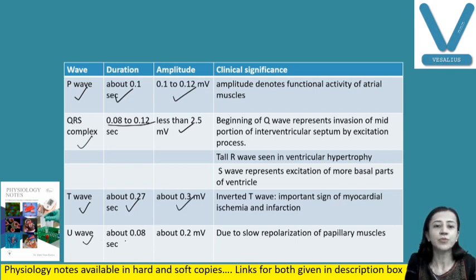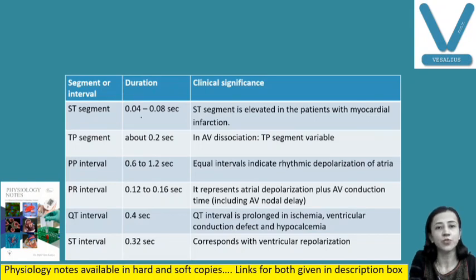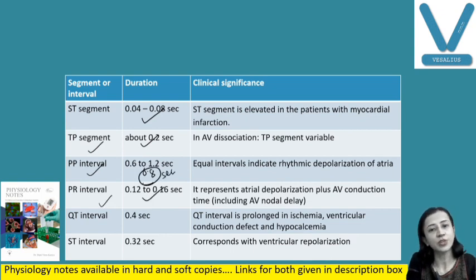U wave, duration 0.04 to 0.08 seconds, amplitude about 0.2 millivolt. Then ST segment, duration 0.04 to 0.08 second. TP segment 0.2 seconds. PP interval 0.6 to 1.2 seconds, or you can say equal to cardiac cycle 0.8 seconds. PR interval 0.12 to 0.16 seconds, QT interval 0.4 seconds, and ST interval 0.32 seconds.